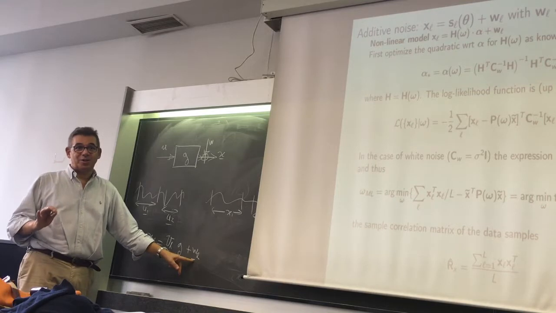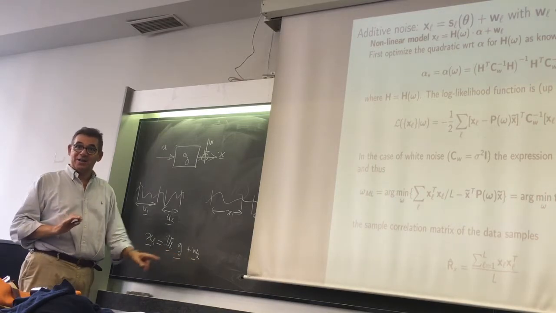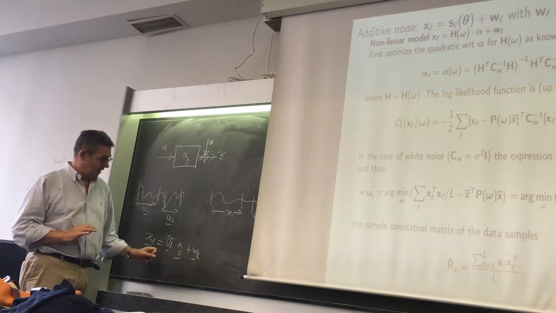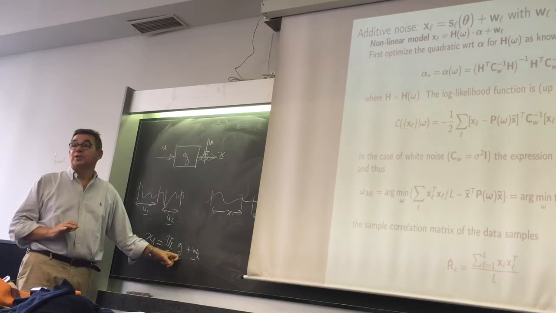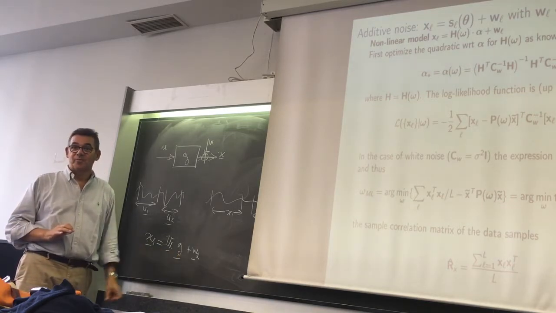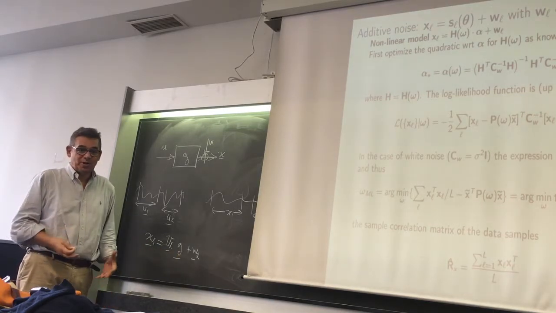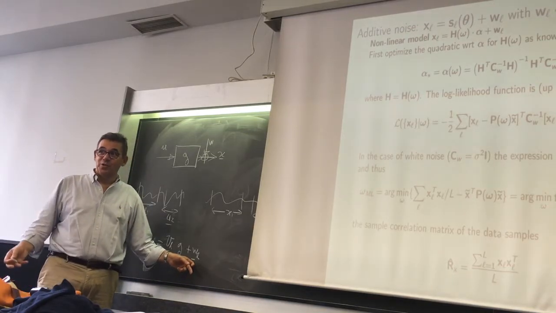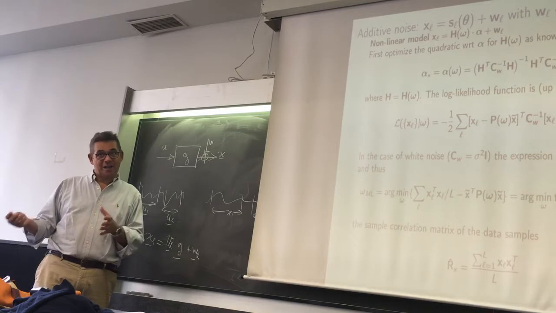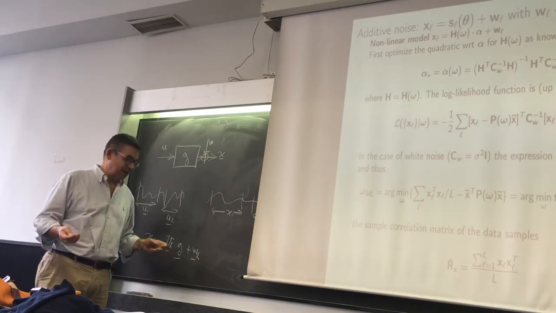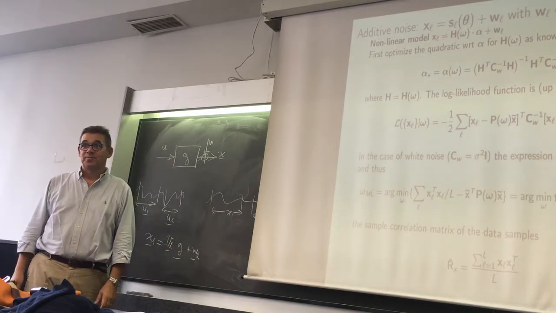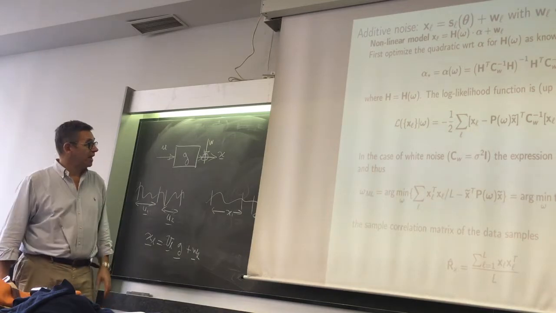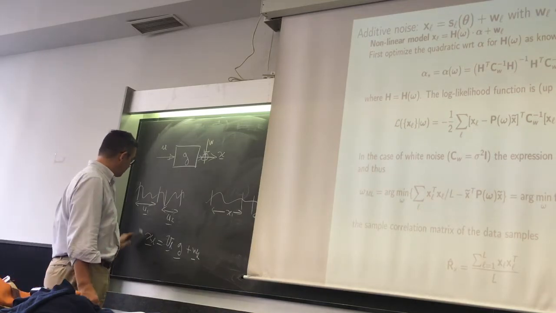In that case, you can also calculate the optimum G, because you need to put the corresponding covariance. And so, if you know the covariance, you can calculate the specific G depending on the covariance in every portion, in every cell.